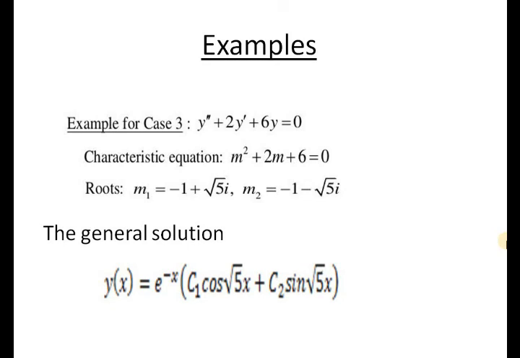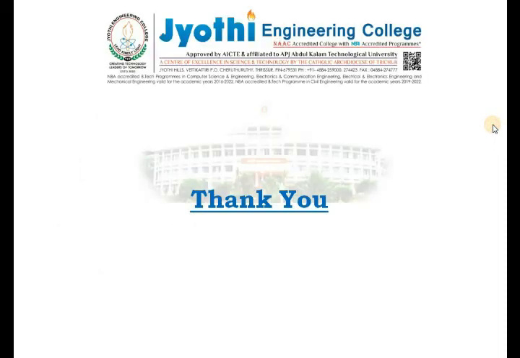Therefore, according to case 3, the general solution will be y of x equal to e raised to minus x, since the real part is minus 1, into c1 cos root 5x plus c2 sin root 5x. Root 5 is the imaginary part of the root. So if the roots are complex, the solution will be of this form. Thank you.